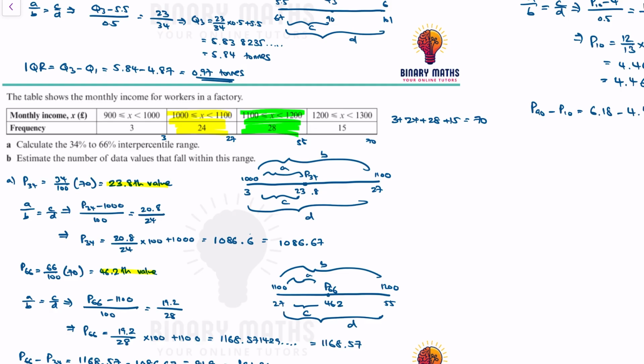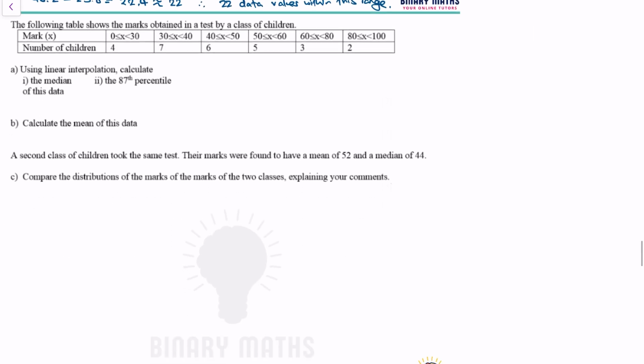If I do that, I get 22.4, but obviously we can't have that because data values are whole numbers, so if I round it, it's going to be 22. Therefore, 22 data values within this range.